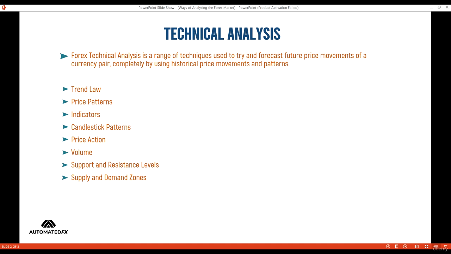These are what technical analysts look at. Technical analysts use these tools or concepts to analyze the market and predict where future prices of currencies will go. Don't worry, we're going to look at each and every one of these concepts. We're going to learn how to use them, how to enter trades, and how to analyze the market like professionals.